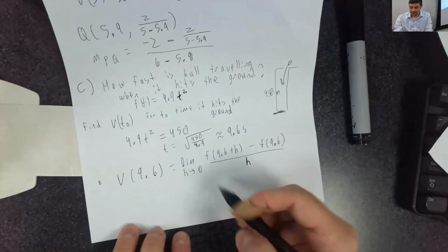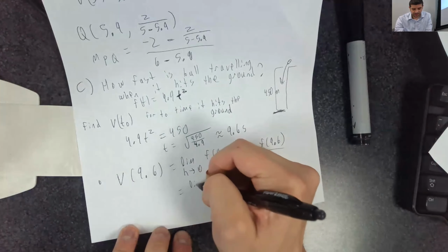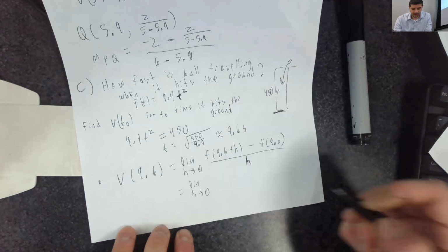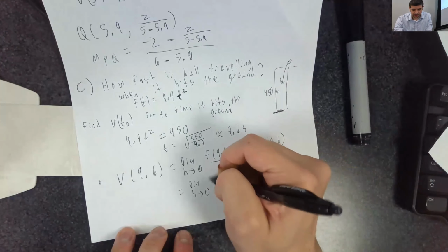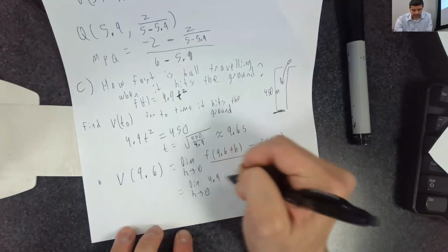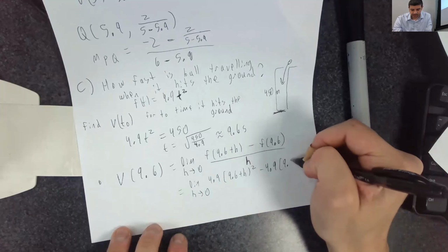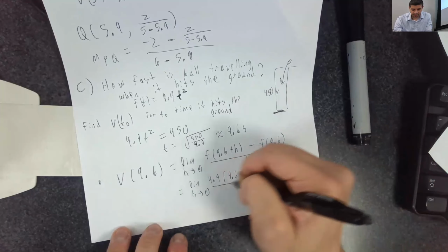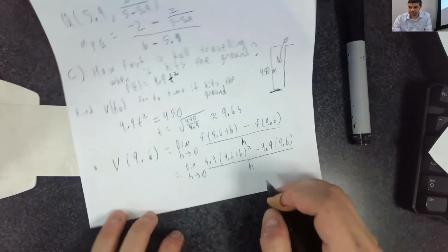Okay. So for this one, the limit as h goes to 0 of 4.9 times (9.6 plus h) squared minus 4.9 times 9.6 squared, divided by h.